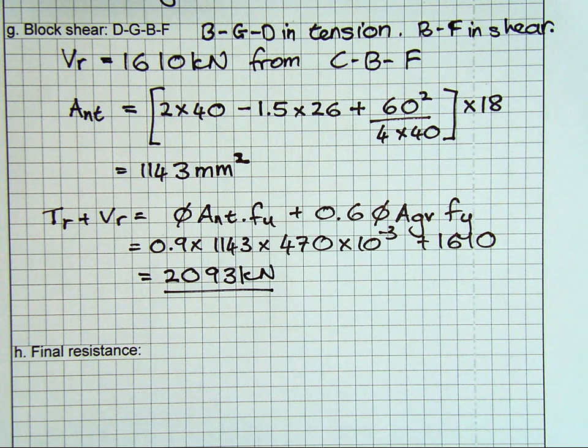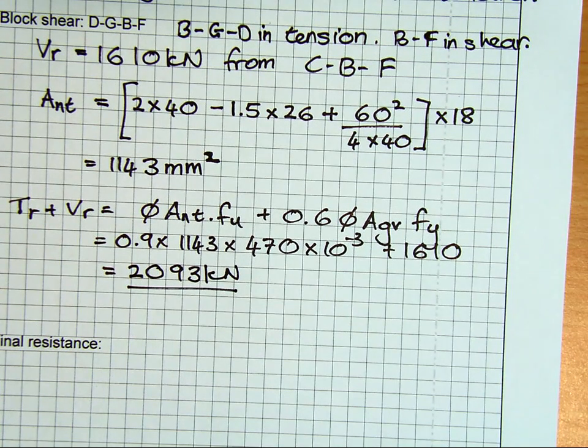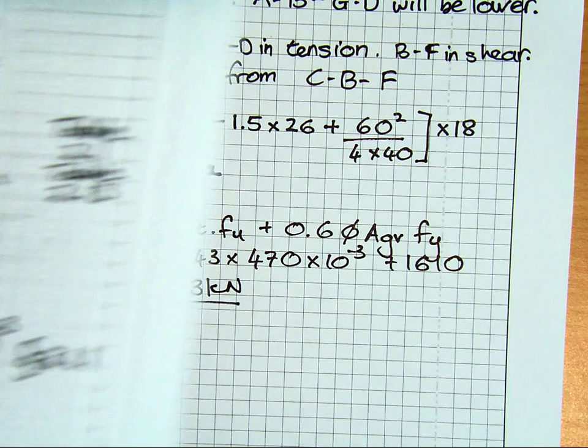From all of this, we would have to check our lowest resistance and select that for the design, because there's various capacities we've calculated.